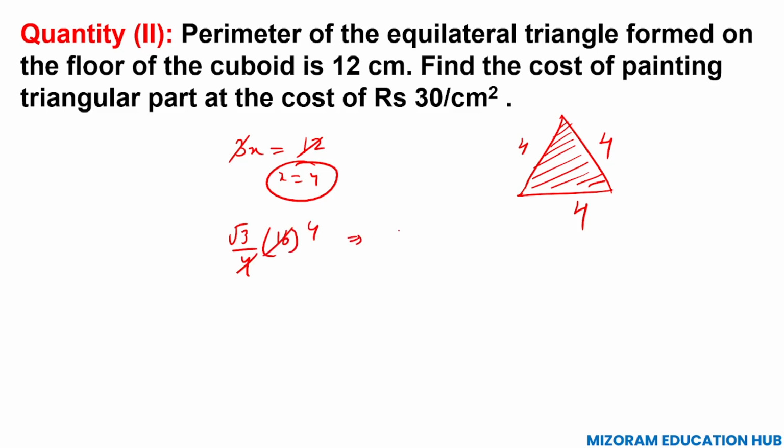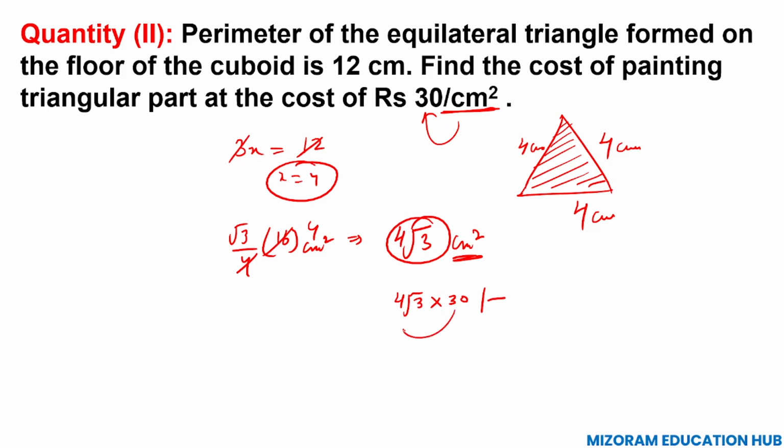Cancelling, we get 4 root 3 centimeter square as the answer. The side is 4 centimeter, so the area has units of centimeter square. Now the cost per centimeter square is 30 rupees. So for 4 root 3 centimeter square, the cost is 30 into 4, that is 120 root 3 rupees.